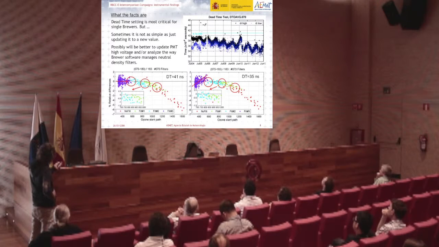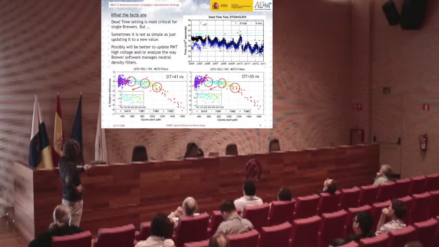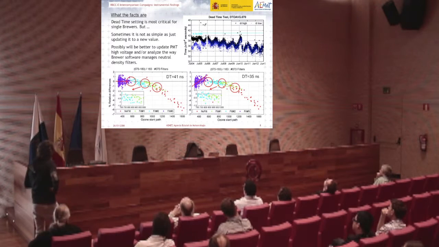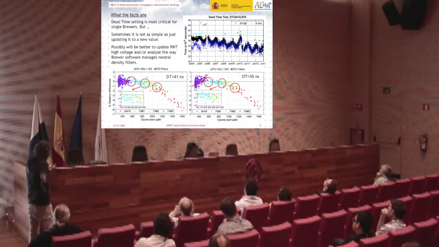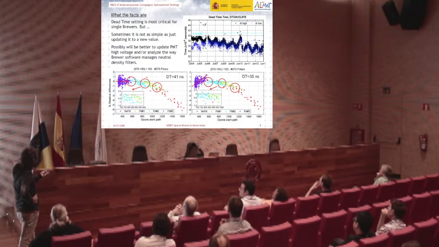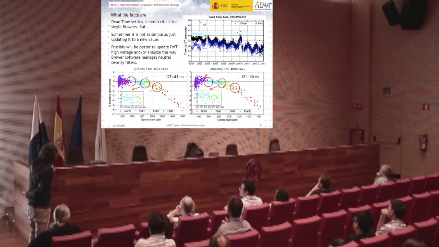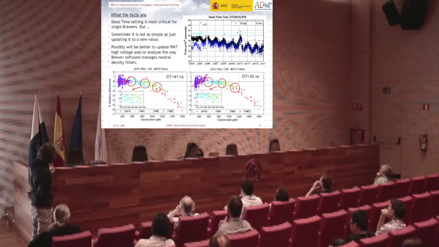In this case, I use 41 nanoseconds for the dead time, and in this case, 35 nanoseconds. And we see that updating the dead time, we can improve the neutral density performance. I have highlighted the changing filters with red circles in both cases.